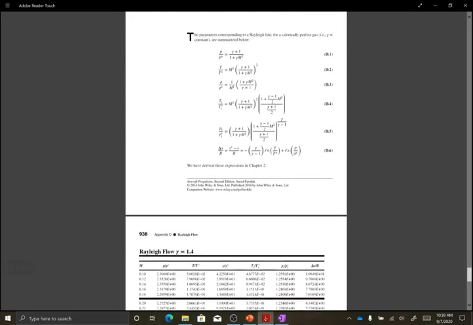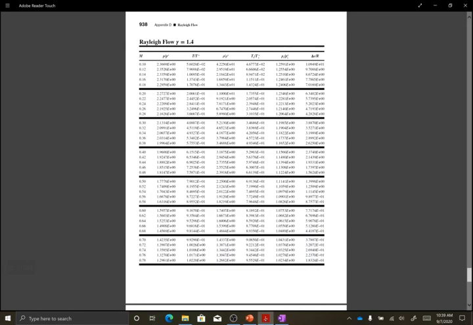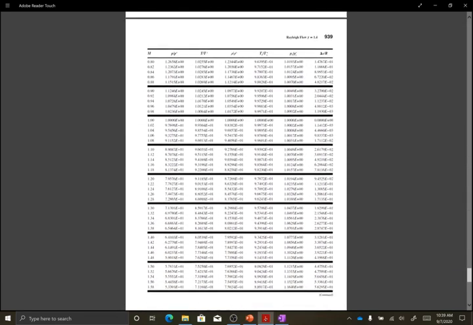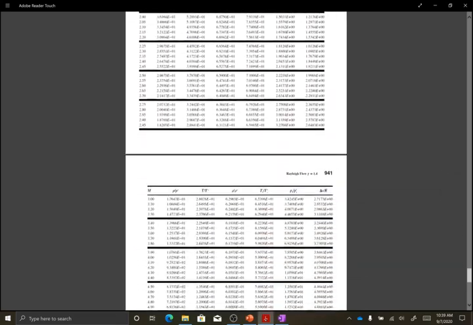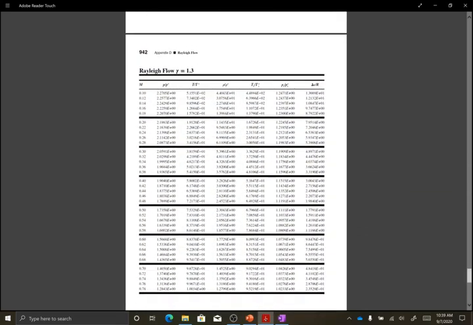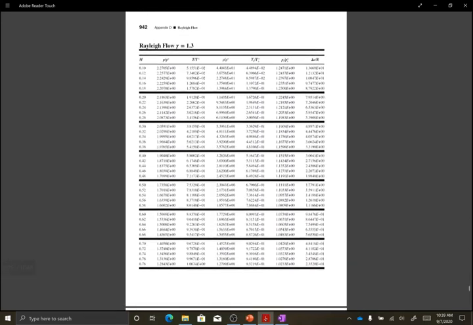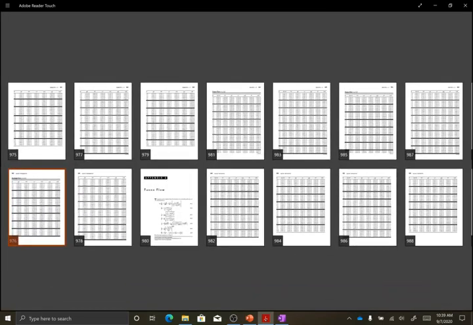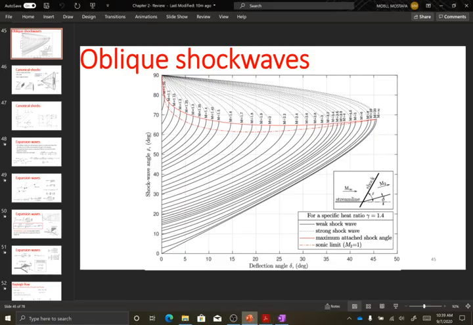We have two types of tables here: Rayleigh flow for gamma equals 1.4, and then Rayleigh flow for gamma equals 1.3, which is located right after the first table.